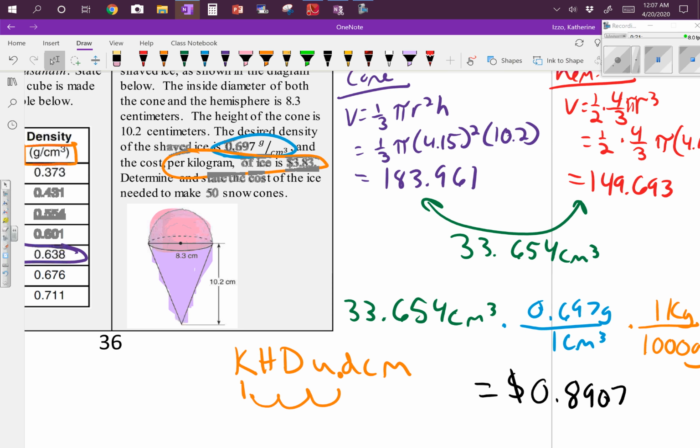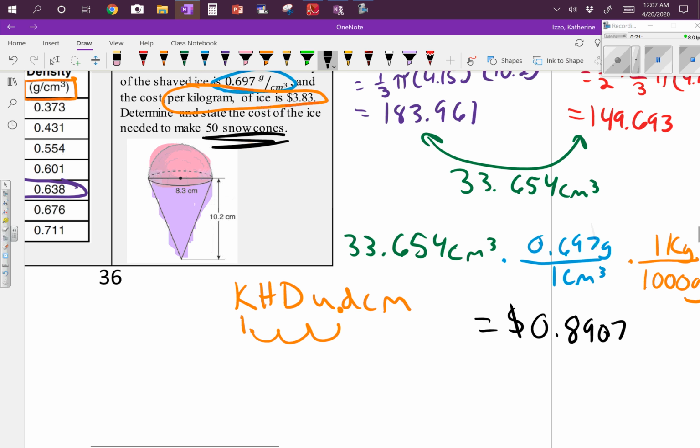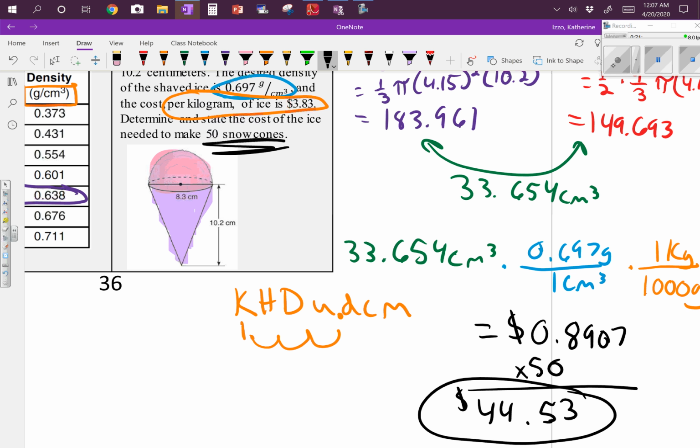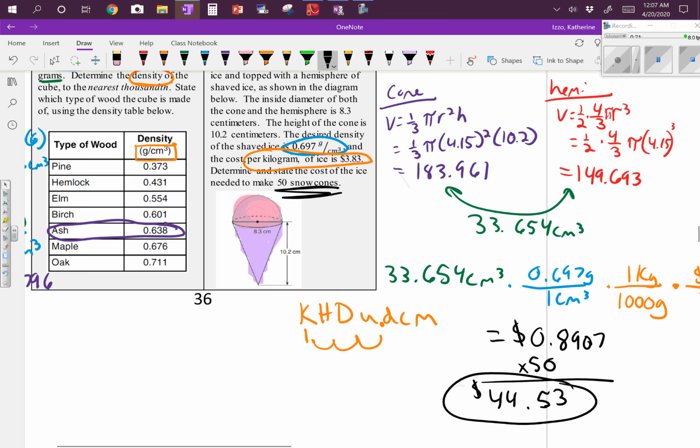But it doesn't want one snow cone. It wants 50 of these snow cones. So now we need to multiply it by 50, and we should get $44.53. And that is the cost of the ice needed to make the 50 snow cones.